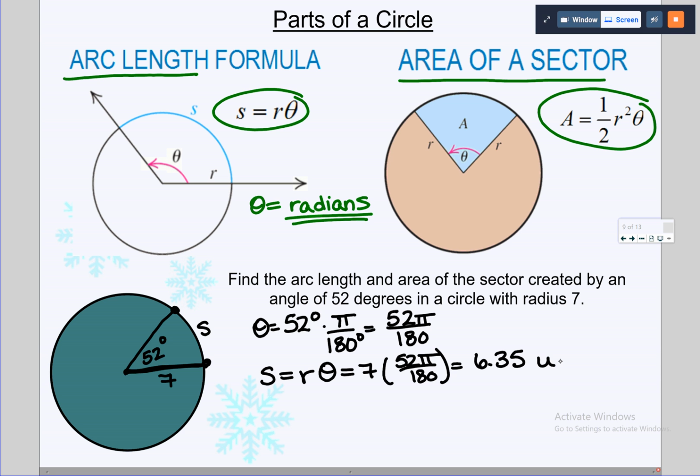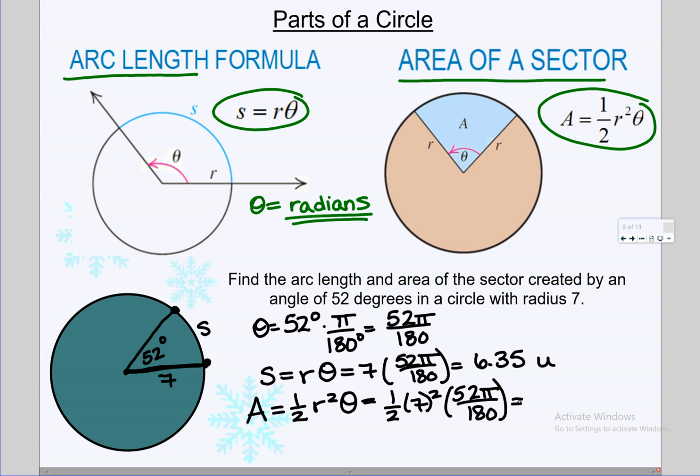Okay. Other thing we need to find here is area of the sector. Area is 1/2 radius squared times theta, again, where theta is a radian. So 1/2, 7 squared, and again, I'm just going to use 52 pi over 180. Type it in your calculator, get that decimal. Ooh, that's not right.